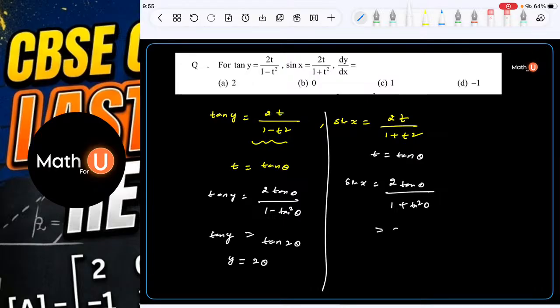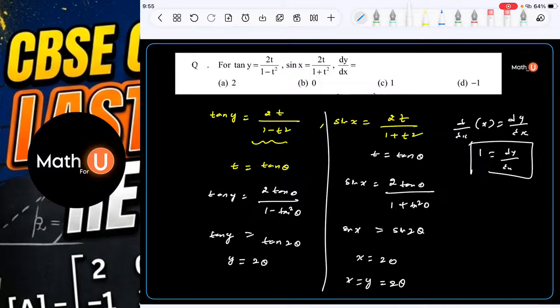This is nothing but sin 2 theta, so x is equal to 2 theta. See, from these two, x is equal to y is equal to 2 theta. Then differentiate with respect to x: d by dx of x is 1, so dy by dx, nothing but differentiation of x is 1. That means our answer is 1.